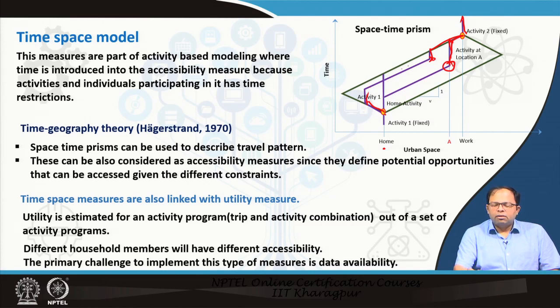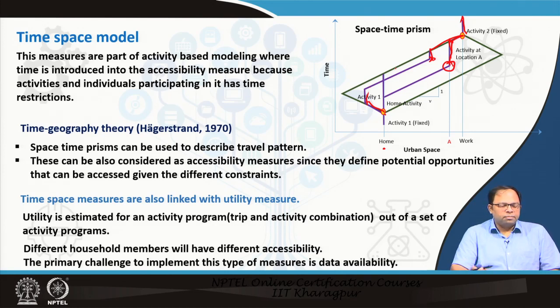So this particular way the trajectory takes the shape of a prism, and each prism has a different utility score to it, because we measured the total opportunities that are available, what time is available to a particular person, and whichever combination gives him the maximum utility, he will choose.